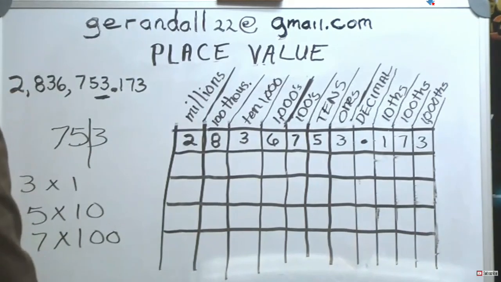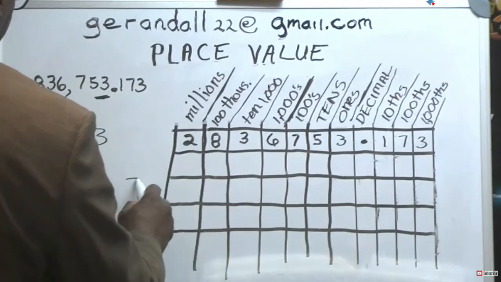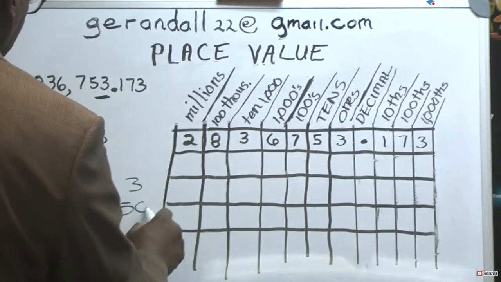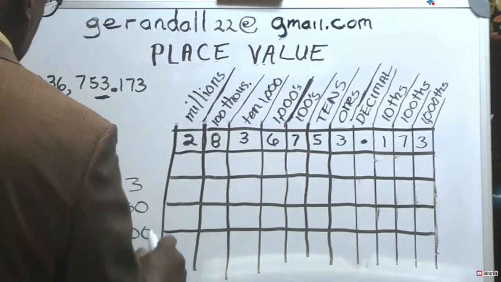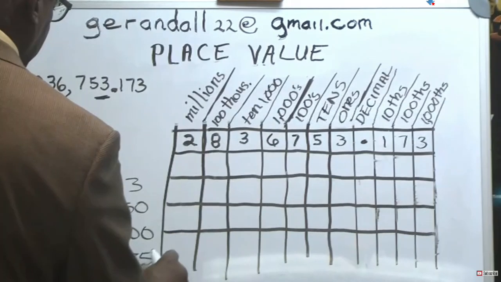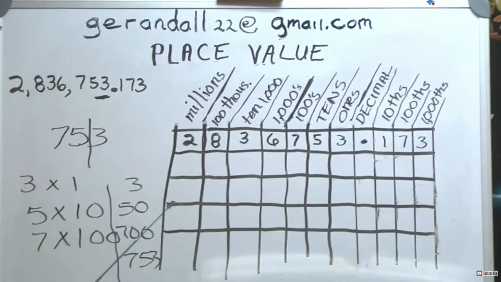In this case, that would be 3, 50, and 700. And that would get you 753.